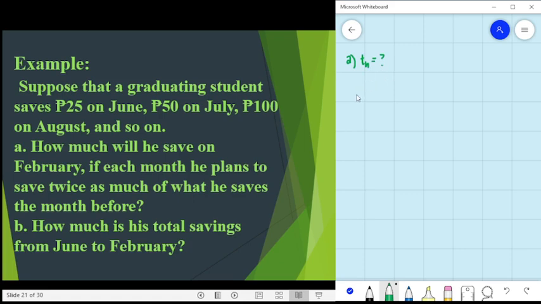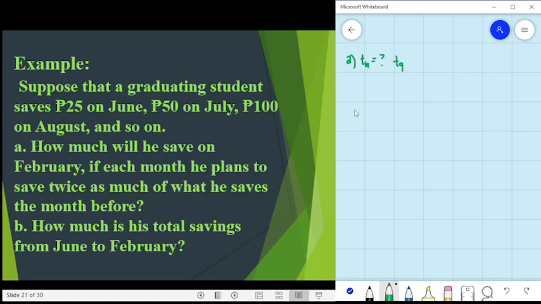Pila may imong n, so diba from June to February we have June, July, August, September, October, November, December, January, February. So we have 9 months. So meaning we are going to find t sub 9.